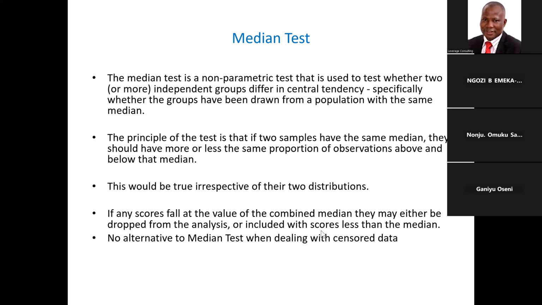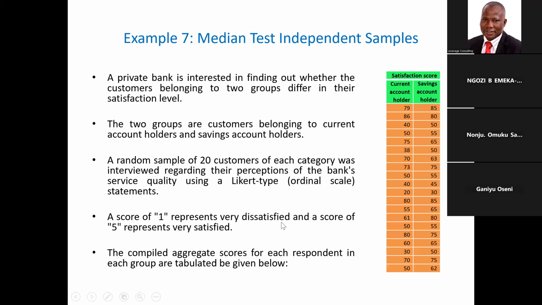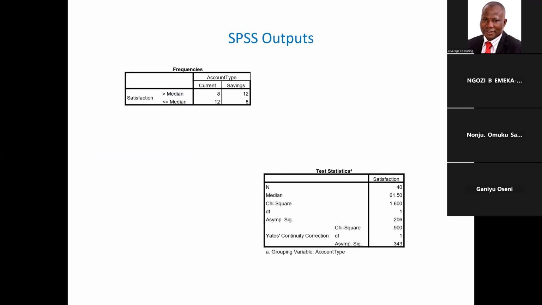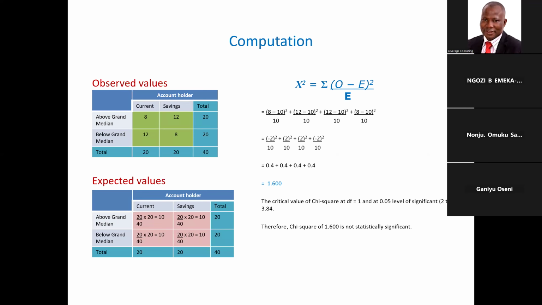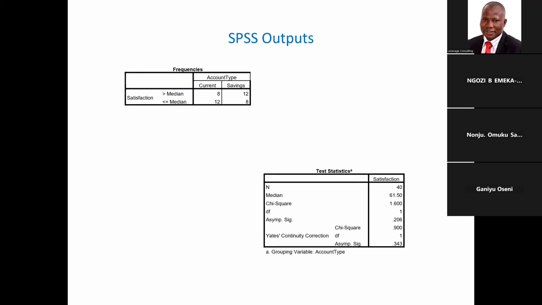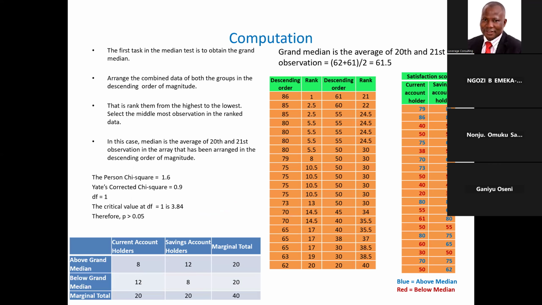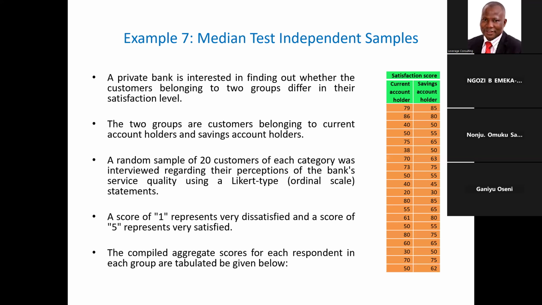I don't know if there's any question. The median test, there are some other tests, but I just feel that it's not even wise to bother you with them. We have an elaborate example here, because some of them, we're hearing that the median test is actually a form of chi-square. It just feels like there are some things that are not necessary.